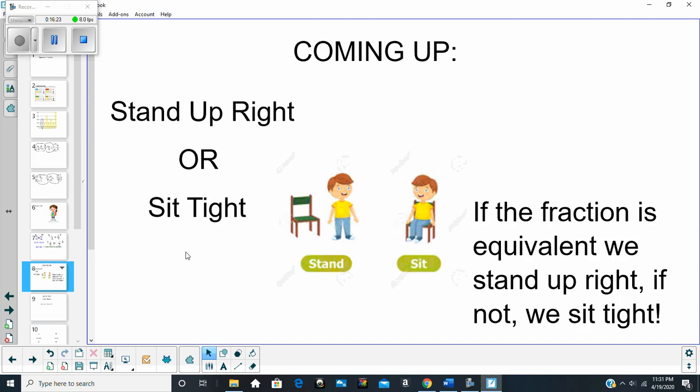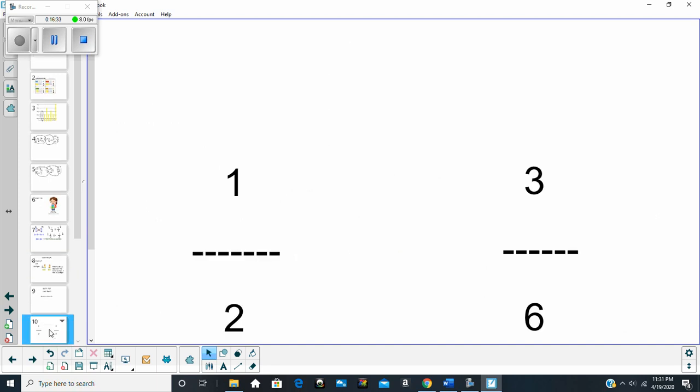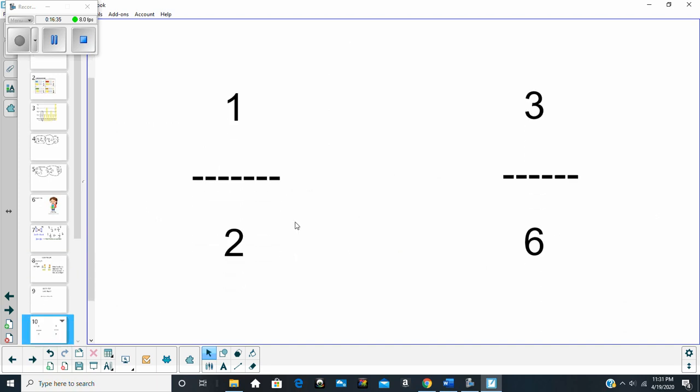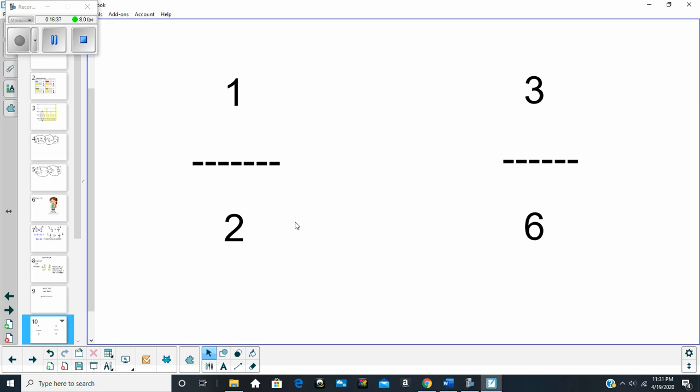Alright, you guys, we ready for stand up right or sit tight? Remember, if the fraction is equivalent, we will stand up, and if not, we will stay seated. Okay, so 1/2 and 3/6. Great, everyone is standing. Good job.